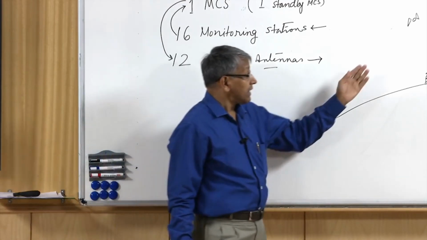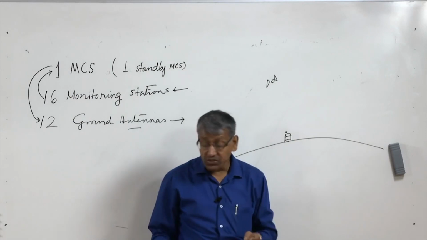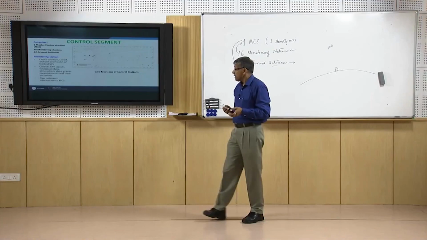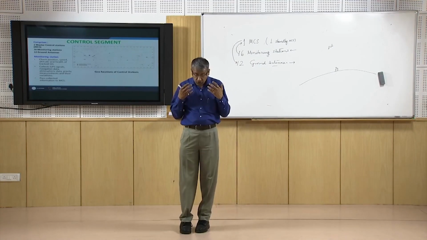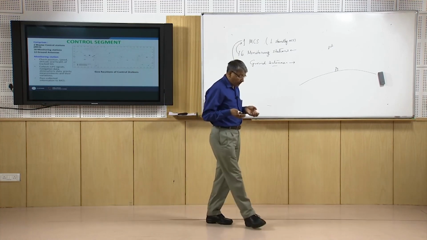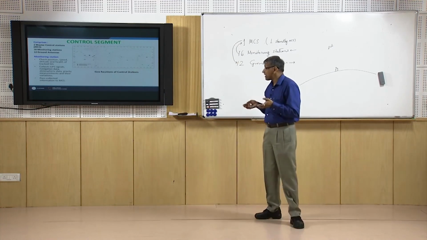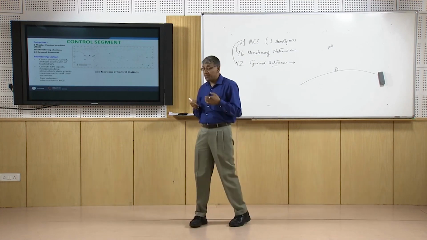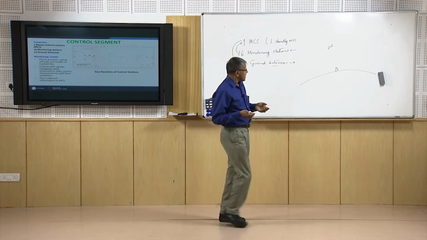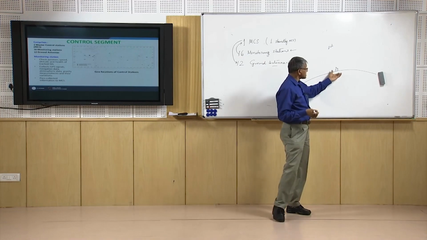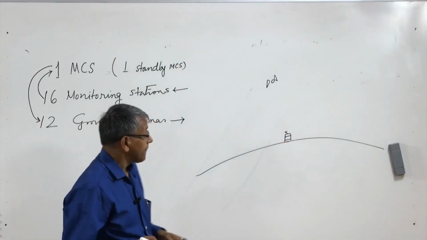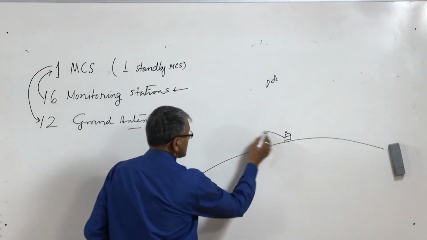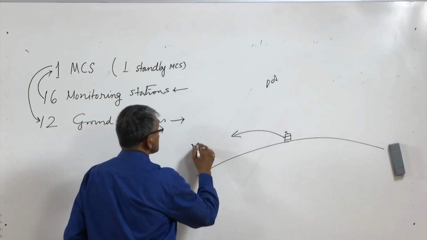Not only that, it also computes the ranging, and it also carries out atmospheric data, gravity measurements and their variations, and the monitoring station sends this information to the master control station.